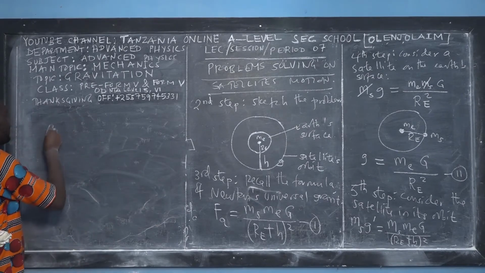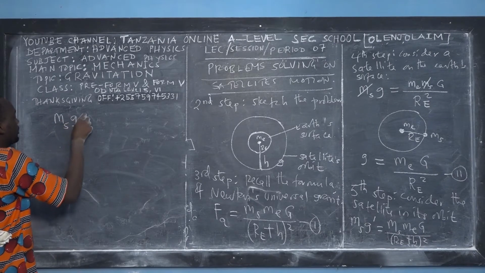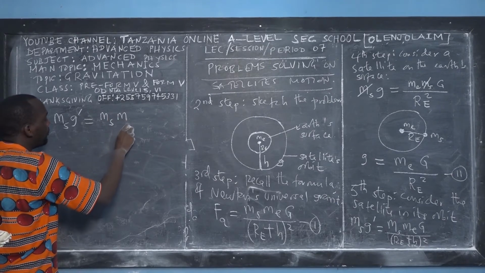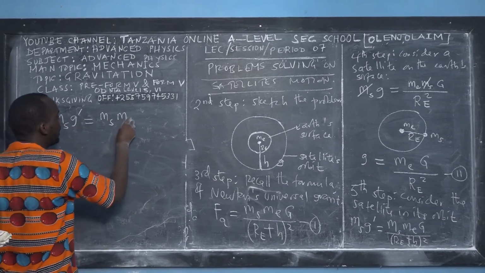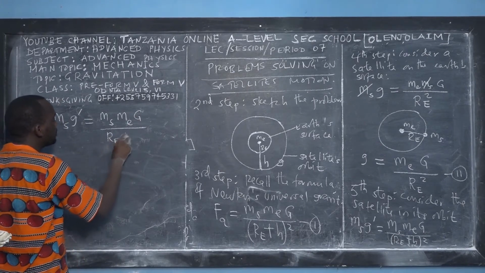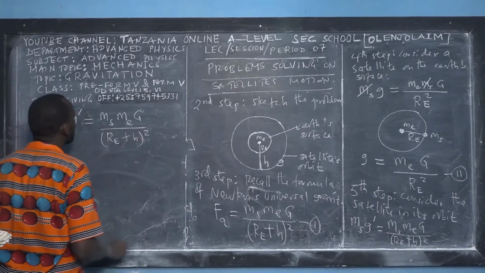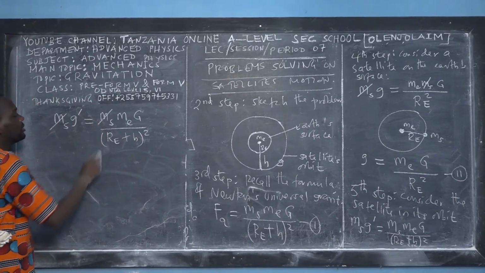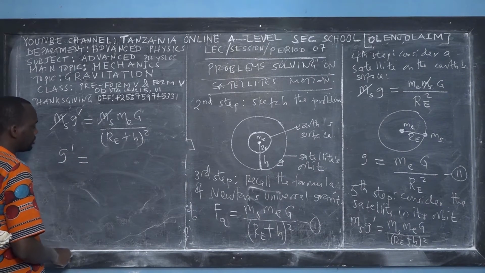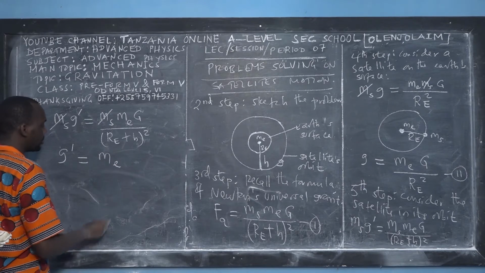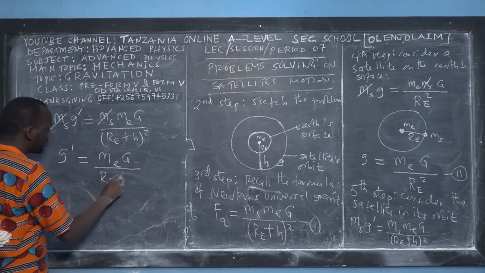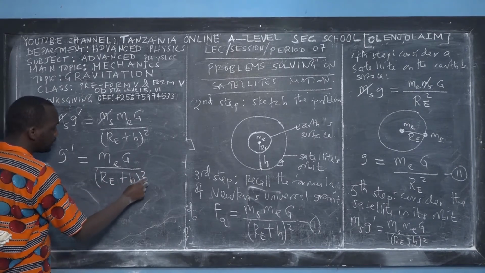So if that's the case, the mass of the satellite times g dash is equal to the mass of the satellite, mass of the Earth, universal gravitational constant, over the radius of the Earth plus the height h, squared. So the mass of the satellite cancels. The acceleration due to gravity on the satellite is equal to the mass of the Earth times the universal gravitational constant over the radius of the Earth plus the height, squared.